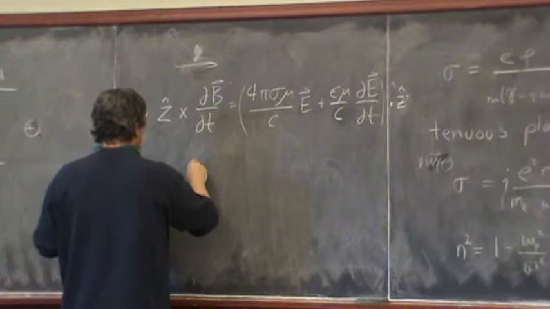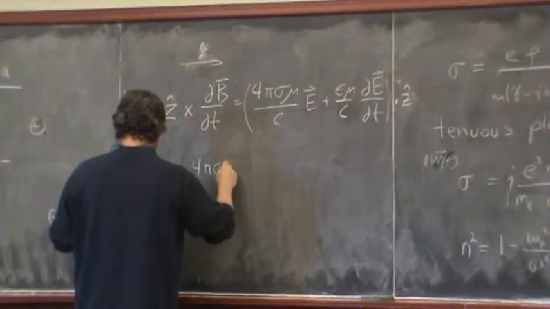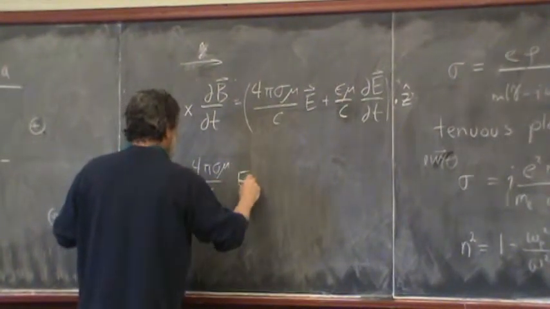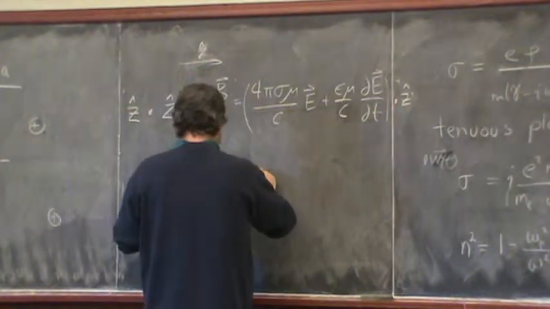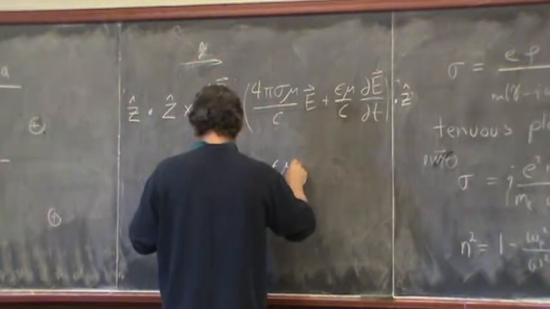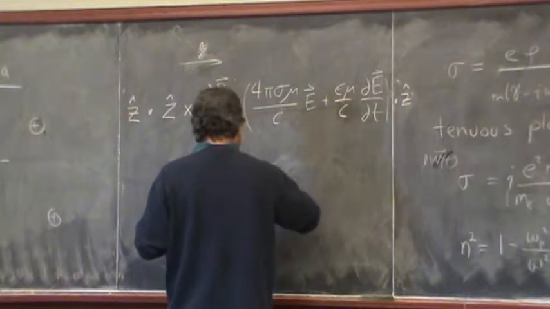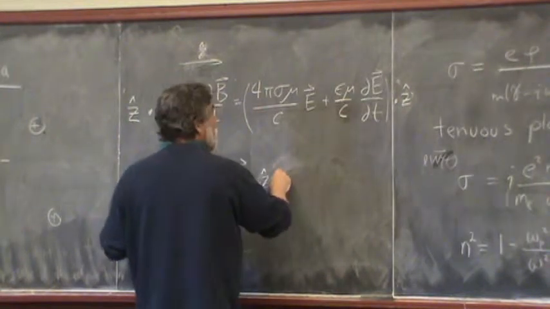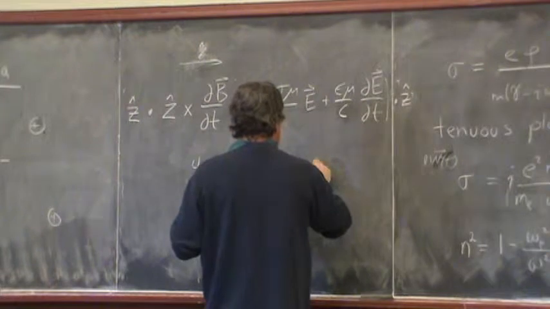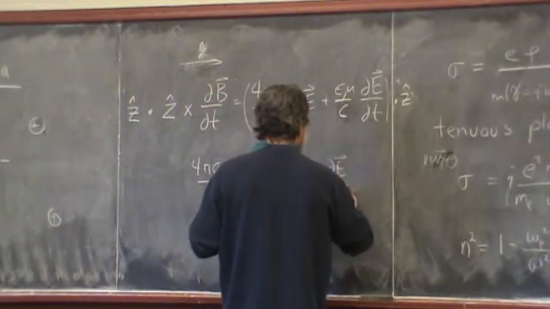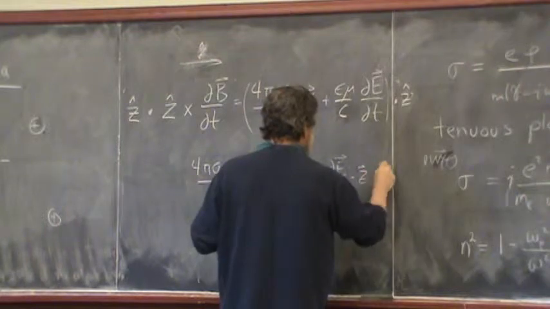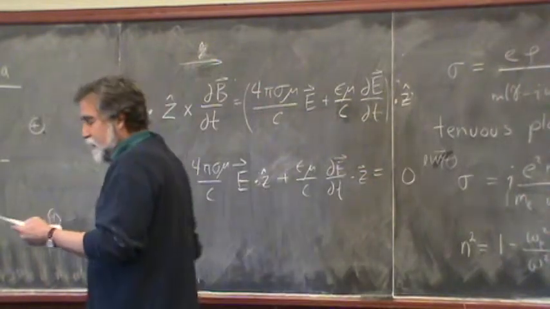I'm left with 4 pi sigma mu over C times the electric field plus epsilon mu, dot Z plus epsilon mu over C. I've just got to satisfy that.